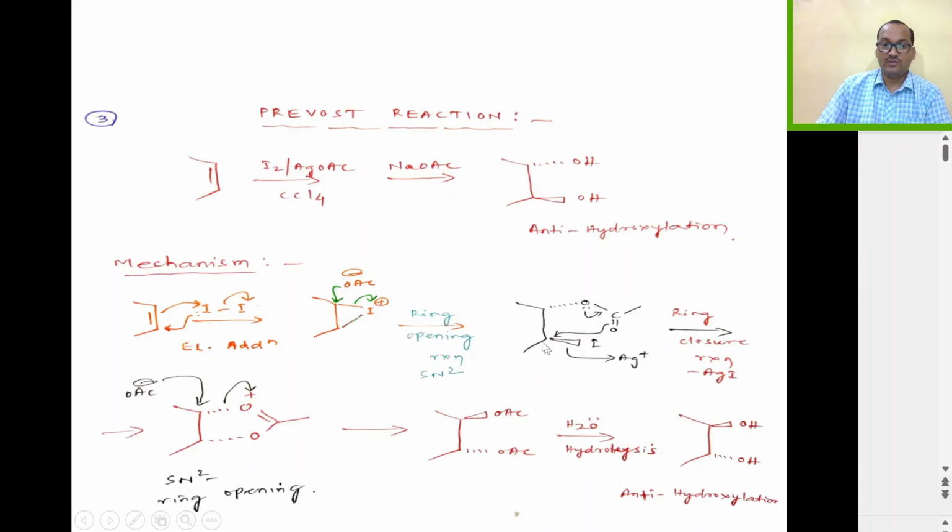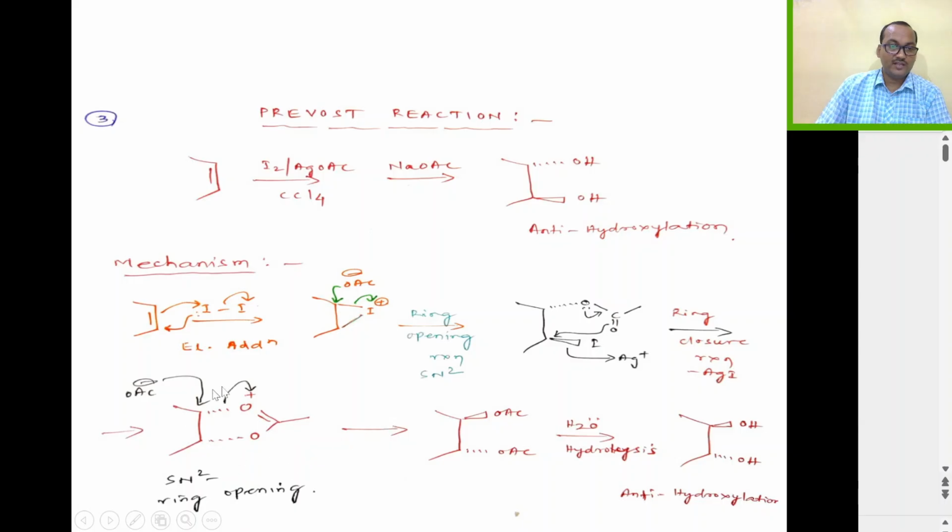So as a result, you end up with this species. Here the ring opening reaction takes place, and this is SN2 type. And again here the ring closure reaction takes place. So the oxygen lone pair will come here, and this pi bond of the carbonyl will attack this carbon center. And here you will have anchimeric assistance by silver plus ion. So this iodine will be eliminated.